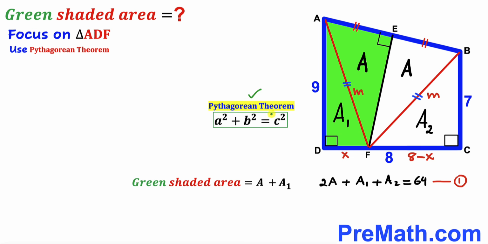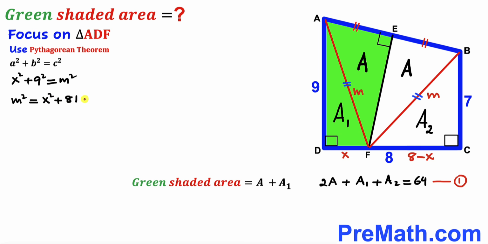In our case, our hypotenuse is lowercase m, whereas our two other sides are x and 9. Let's fill in the blanks: x square plus 9 square equals m square. So our m square value simply turns out to be x square plus 81.